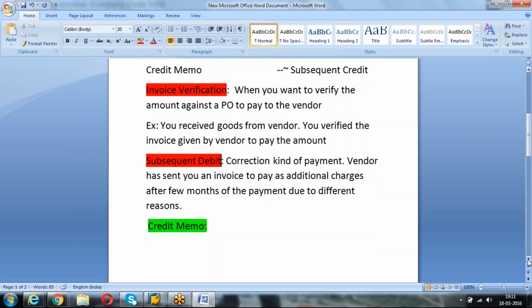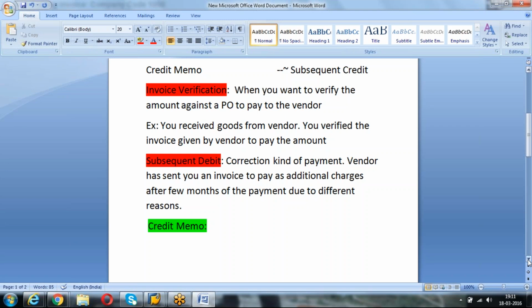Invoice verification and subsequent debit mean we are paying to the vendor, either for buying goods or for some corrections, like the vendor has requested additional charges because of certain local charges, freight charges, or petrol changes. Otherwise the transport union has increased the price drastically, or because of certain union meetings. There are different reasons. Sometimes the vendor will ask for additional payment.